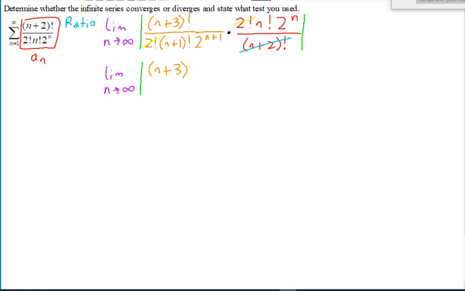That one's gone there. And then we've got n factorial and n plus 1 factorial, same idea. This is one more factorial than this one, so the n factorial is going to go away, and we'll just be left with n plus 1. And then we've got 2 to the n and 2 to the n plus 1. Again, subtract the exponents here. This is one more than the exponent, so we're just going to be left with a 2 on the denominator.